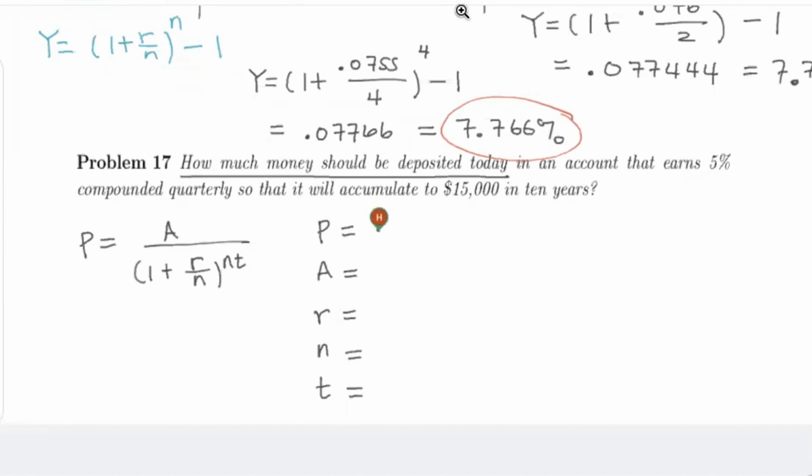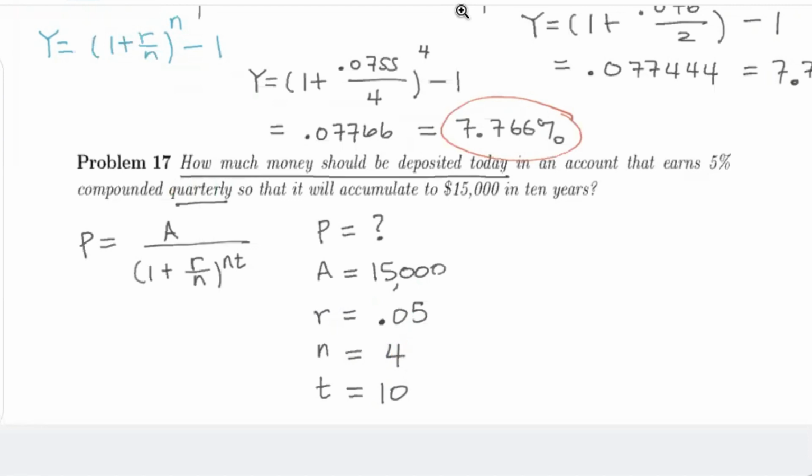So P is a question mark. A equals? A is 15,000. And t is 10, and r is 0.05. N equals? 4. Very good. So we substitute.